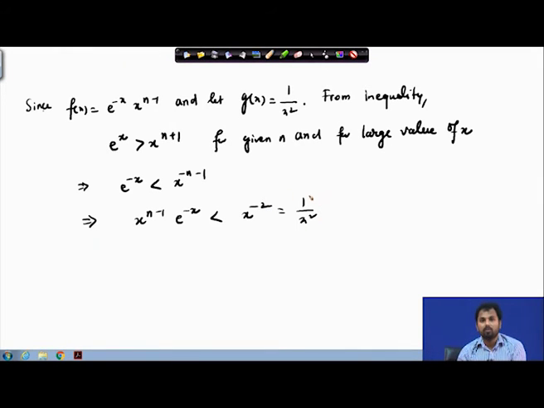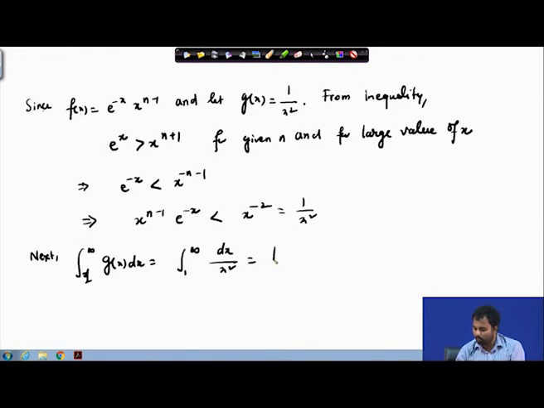Now, all we have to do is to check the convergence of this integral. What is the value of the integral dx by x square?